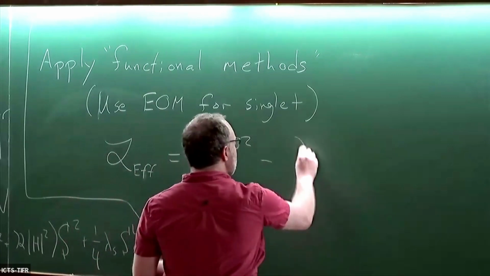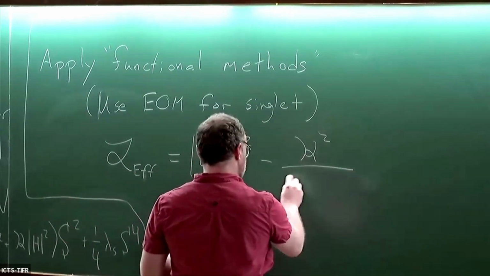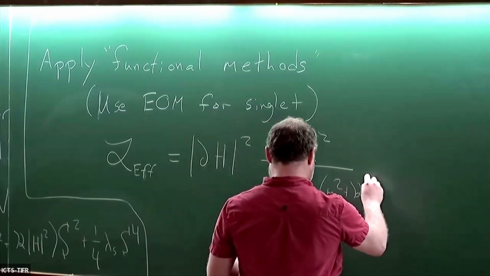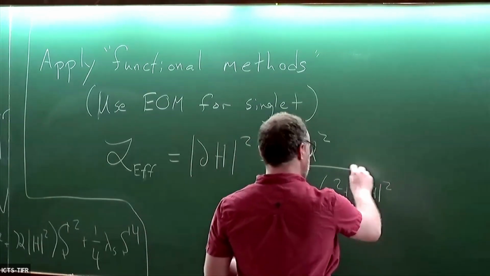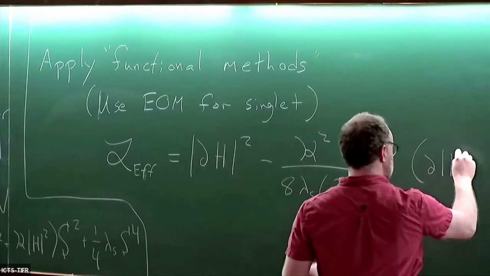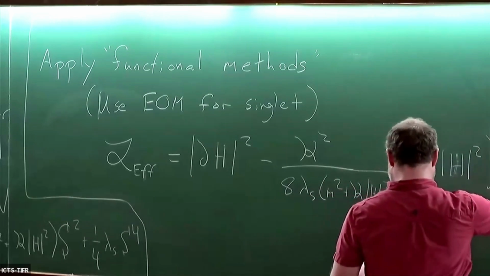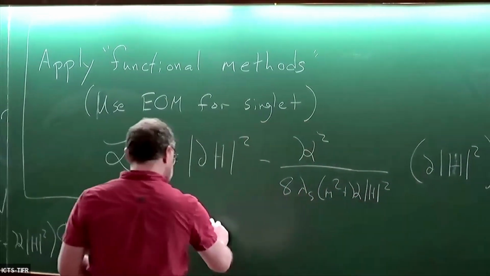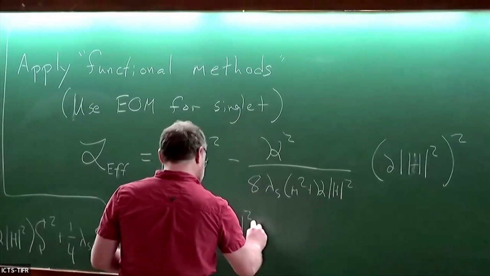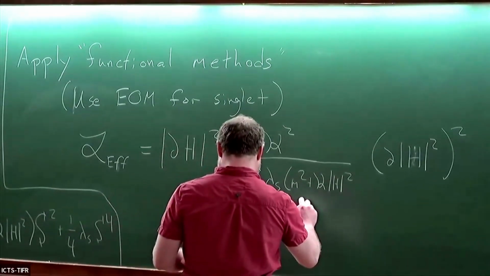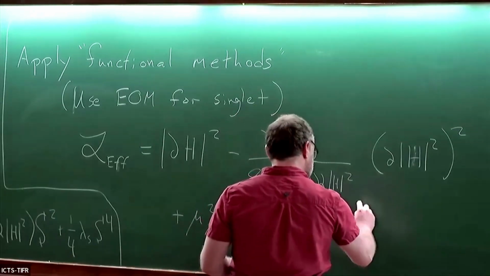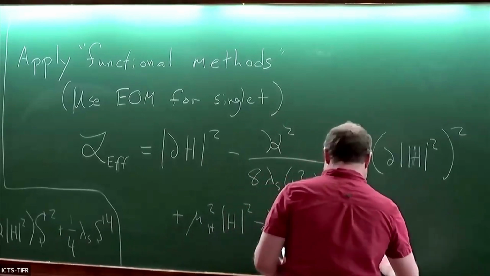Let me just write the formula. H to the fourth plus 1 over 4 lambda s.